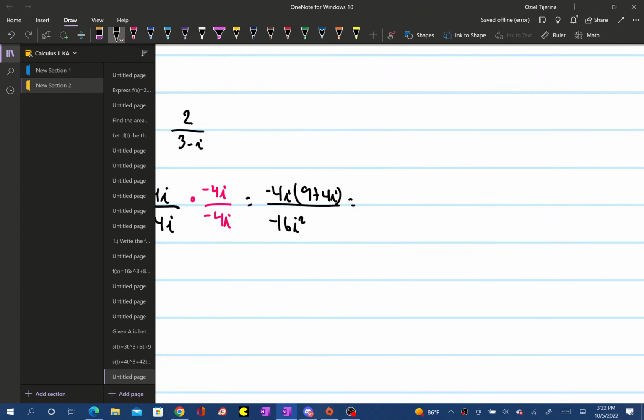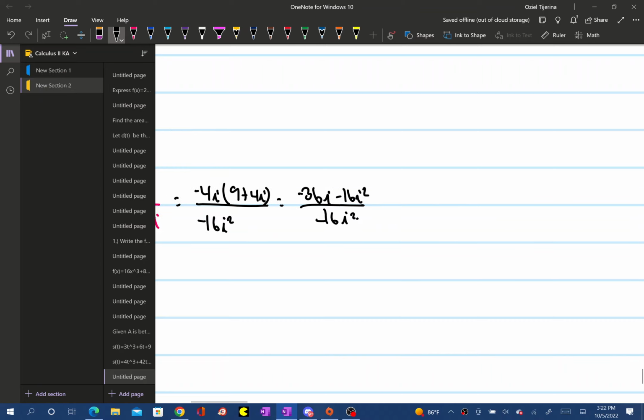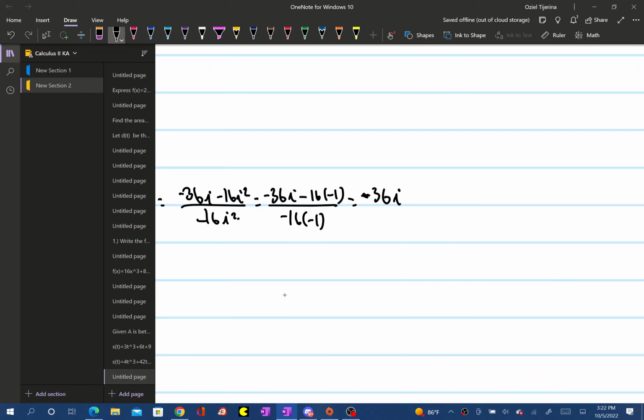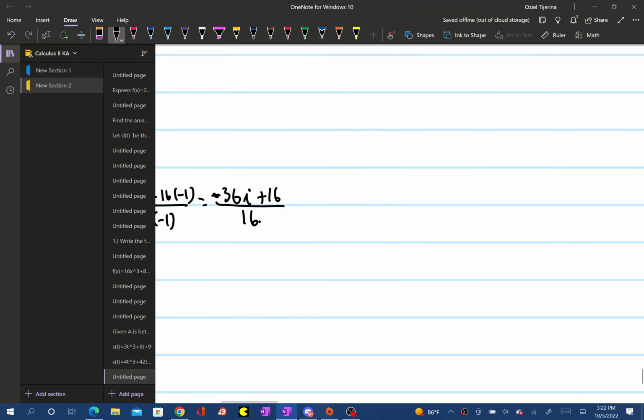That'll be negative 36i minus 16i squared over negative 16i squared. This is negative 36i minus 16 times negative 1 over negative 16 times negative 1. This is negative 36i plus 16 over 16.